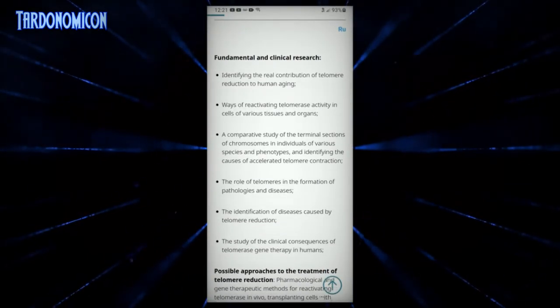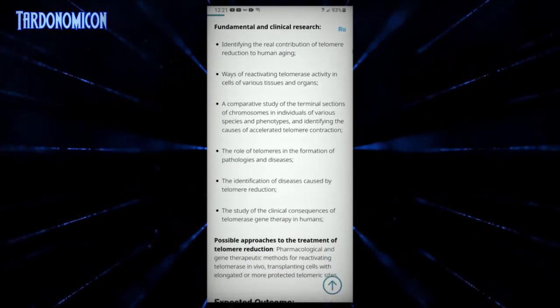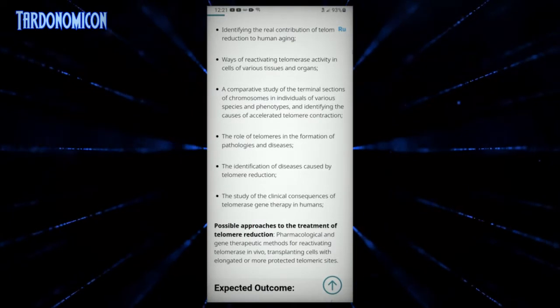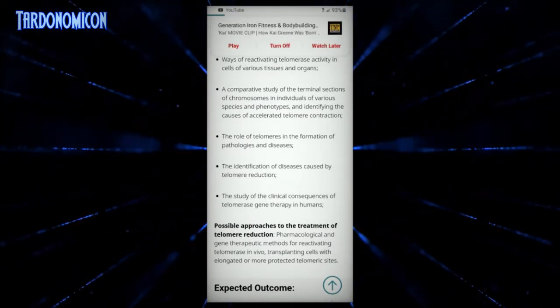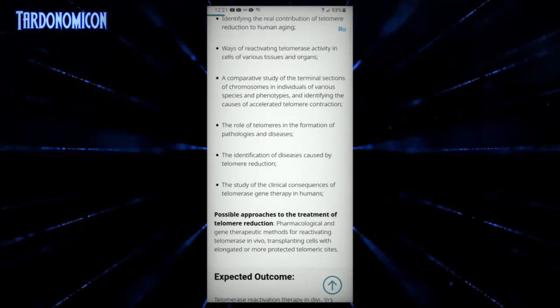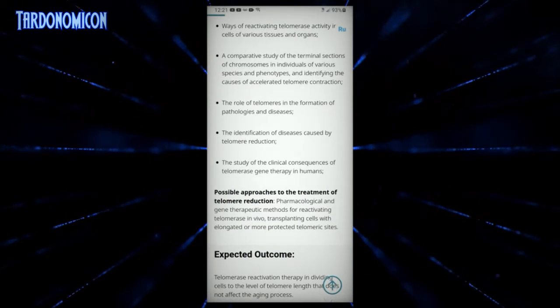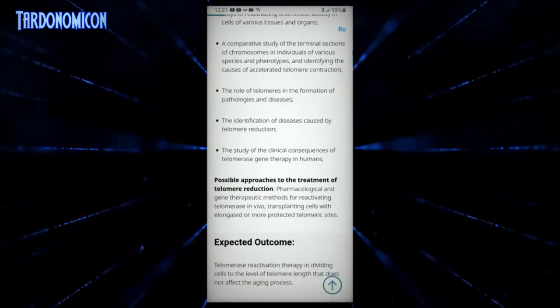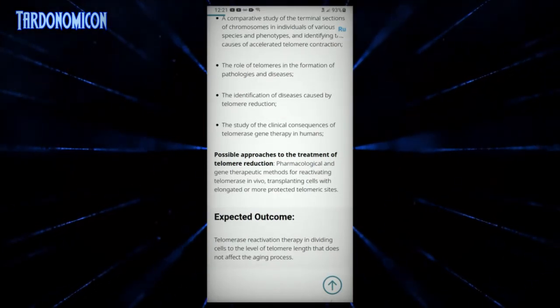Okay, ways of reactivating telomerase activity in cells of various tissues and organs. A comparative study of the terminal sections of chromosomes in individuals of various species and phenotypes, and identifying the causes of accelerated telomere contraction. The role of telomeres in the formation of pathologies and disease. The identification of diseases caused by telomere reduction.